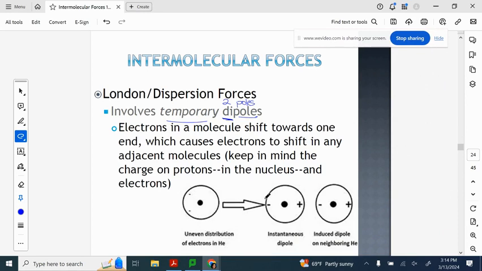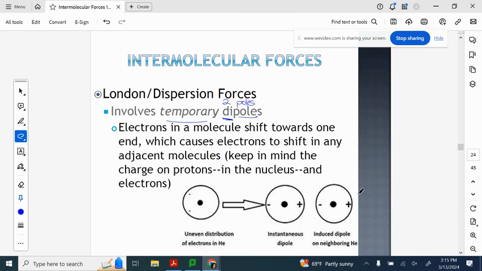So, every atom, everything has electrons, yes? Okay? Those electrons are constantly moving around in here. Every once in a while, you get a shift of the electrons. You end up with more on one side than you do on another. If you have more electrons over here, that side is going to be negative. This side will then be positive. Another molecule comes along, and guess what? It's going to cause the electrons from that to shift over here and get attracted to this positive end.